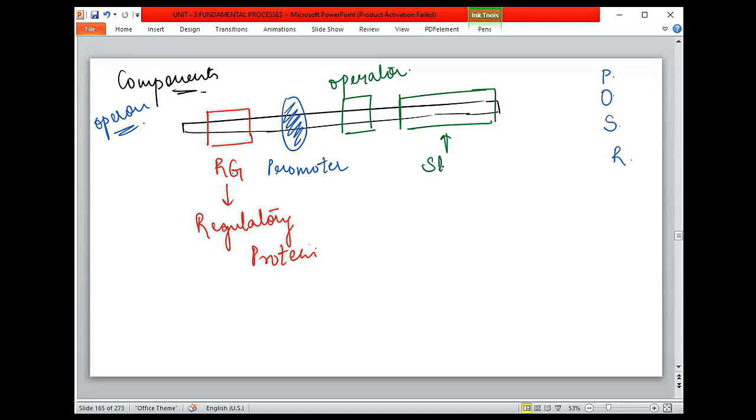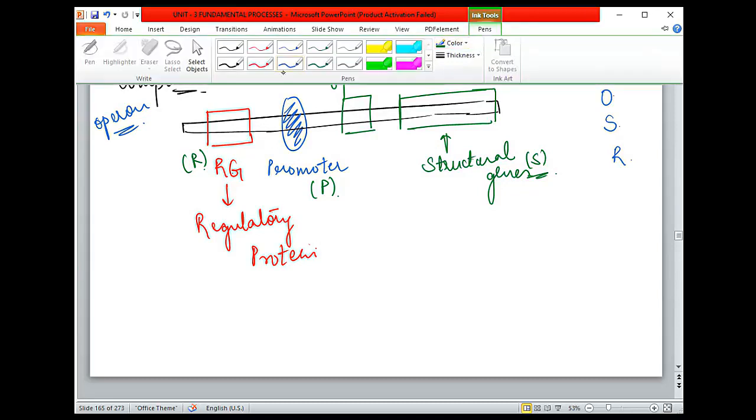Depending upon which operon we have, the genes differ. These are the structural genes. The operator is abbreviated as O, the promoter as P, the regulatory gene as R, and these are your structural genes. These are the main things you have to keep in mind for the components.